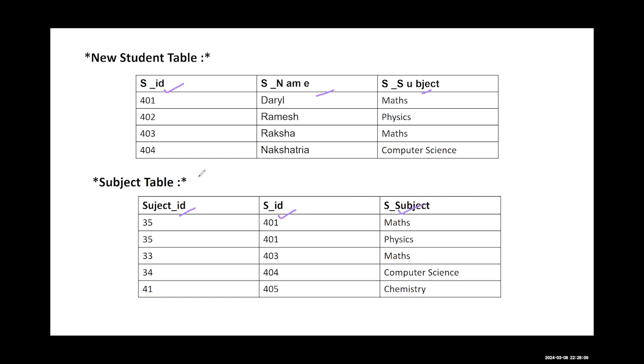By doing this, I need not repeat it. Here I can have student ID as a primary key, which is unique, isn't it? With this, I'm not going to repeat the values. That is the reason I'm going to divide the given table into two tables. By dividing that, now I can say that both the tables are in first normal form.